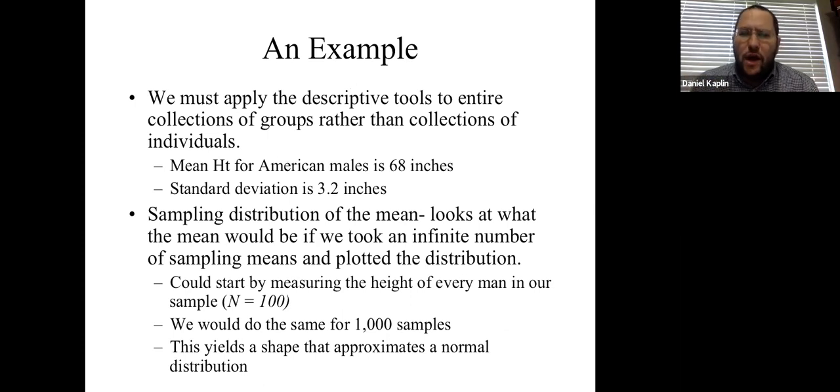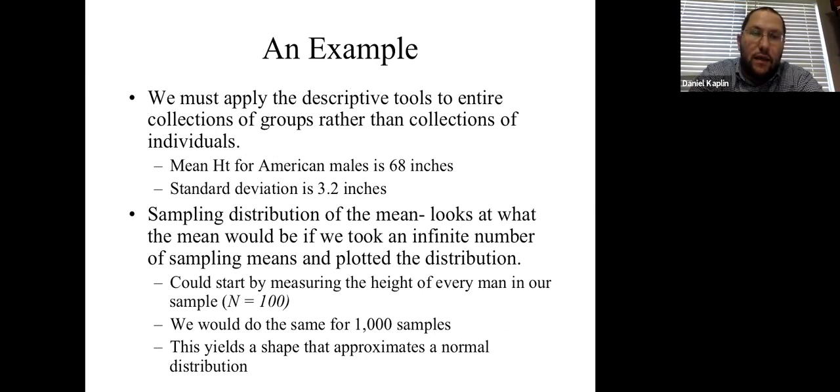Okay, so let's try and figure this out. If we wanted to know whether our sample was significantly different from our population, we would have to know the population mean and the population standard deviation for height.